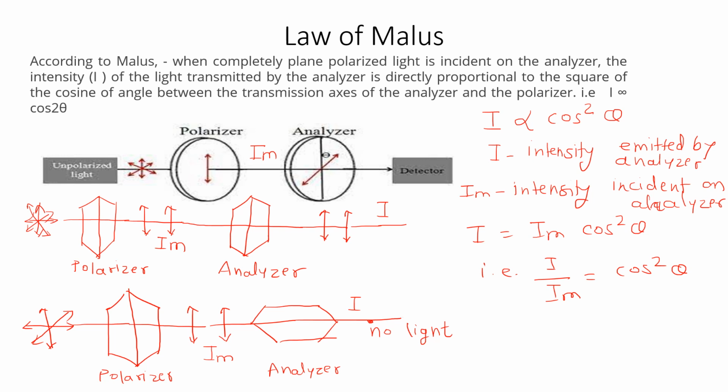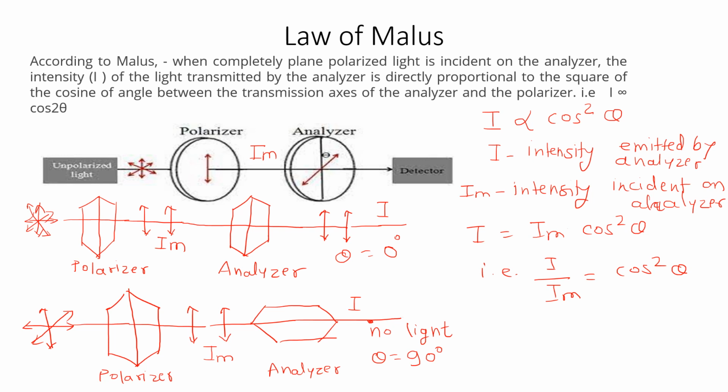Here theta is equal to 0 degrees, so cos square 0 is 1. So I will be equal to Im.